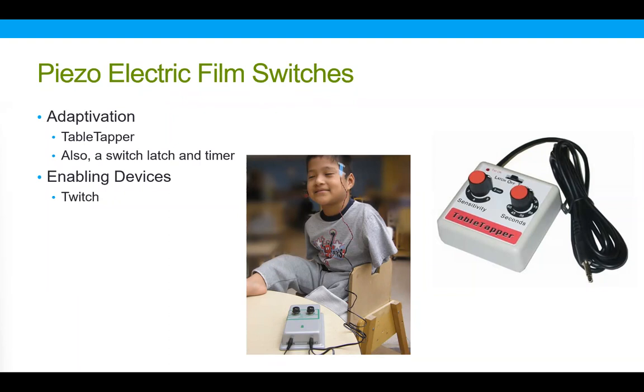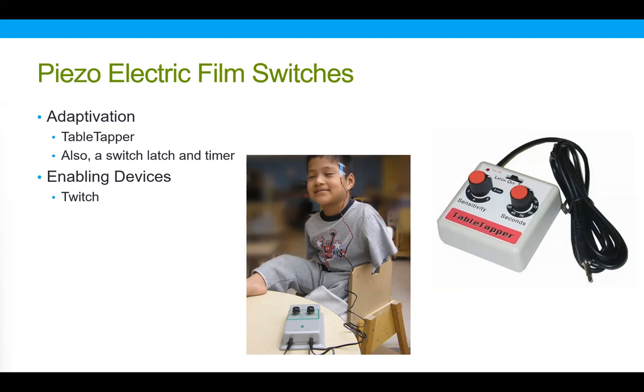And Enabling Devices has their Twitch Switch, and you can see this piece of blue film that's taped to this young man's face next to his eye. And when he grimaces, when he makes a face, he's going to flex that, and that will activate this piezoelectric film, which is inside that blue cover. You can adjust the sensitivity of this as well. So it's a very unique switch, but also a rather fussy switch.